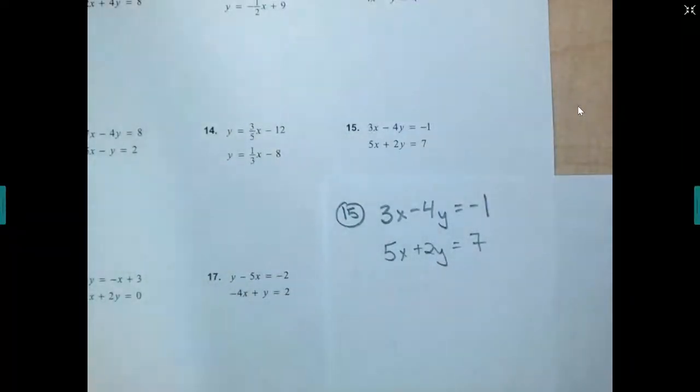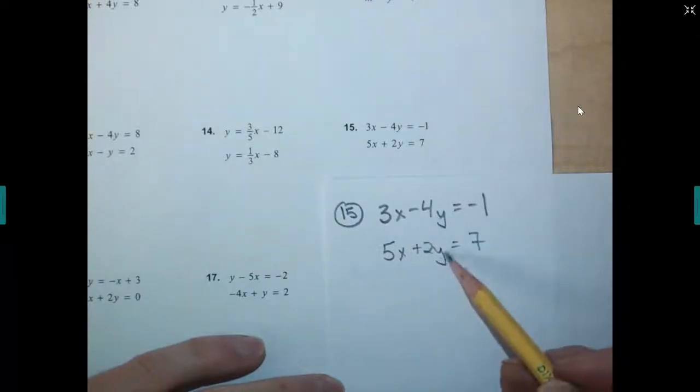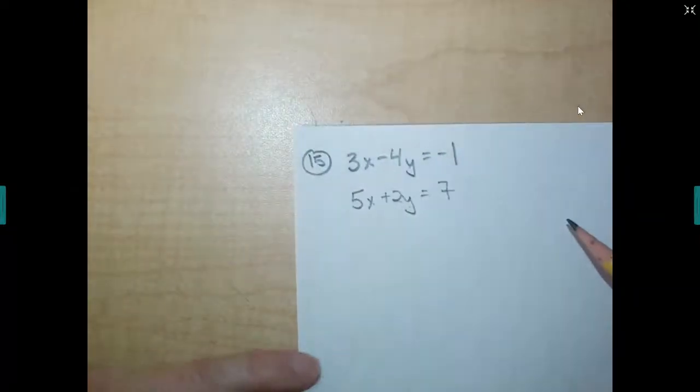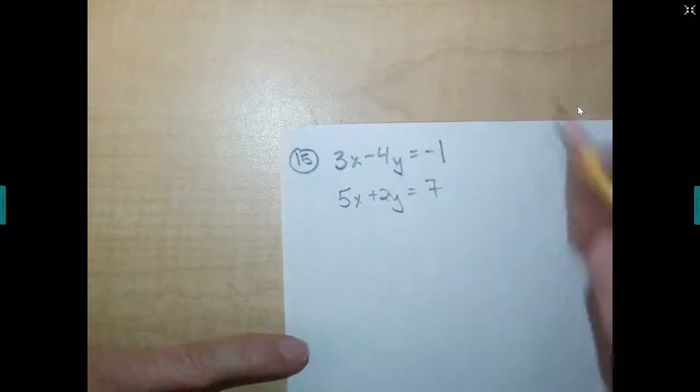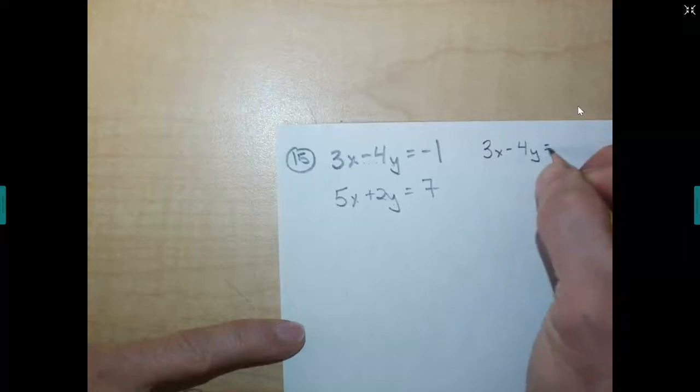Now neither of them are a variable by itself, so I have to solve. So I think I'm going to take this one and solve for this one. 3x minus 4y equals negative 1.